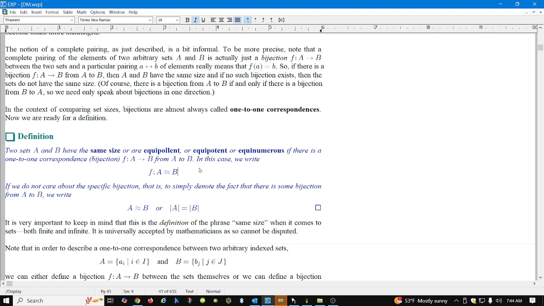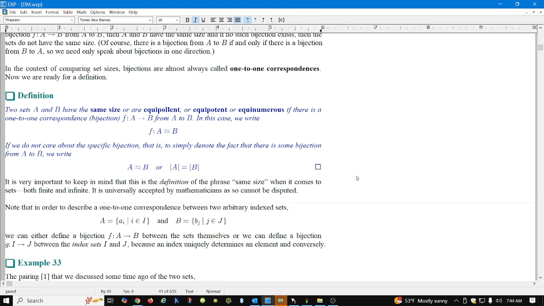I don't know that I would say it's universal, but it is relatively common. If we don't care about the specific bijection, if all we care about is that there is a bijection, then I would just write either this or this.